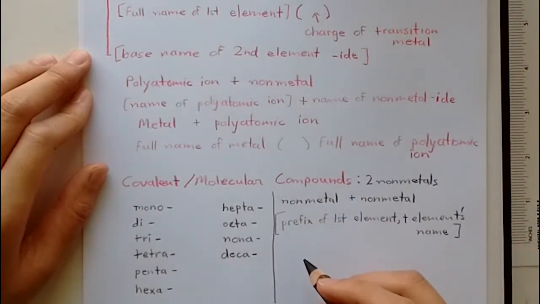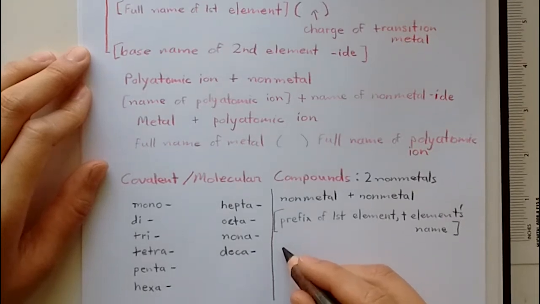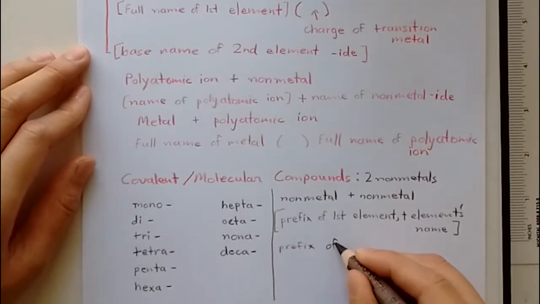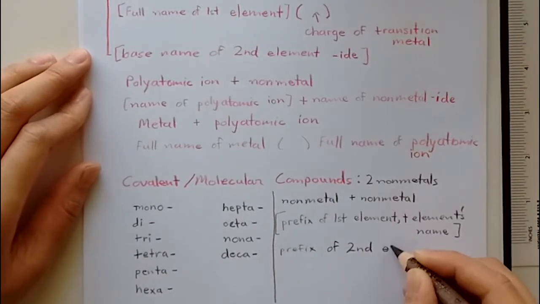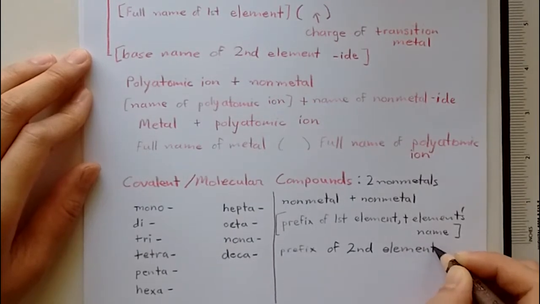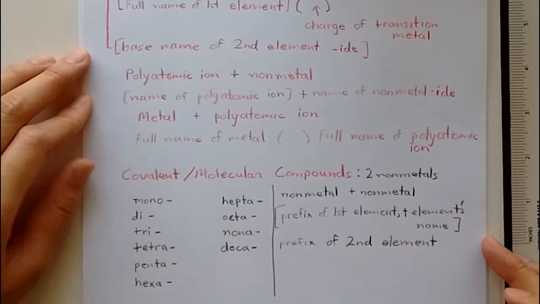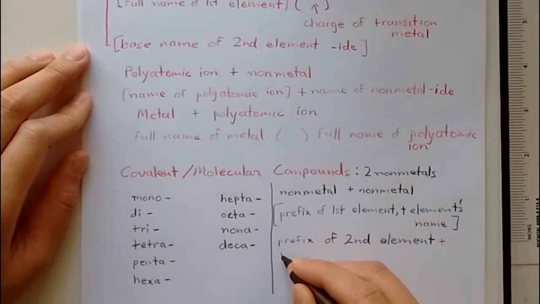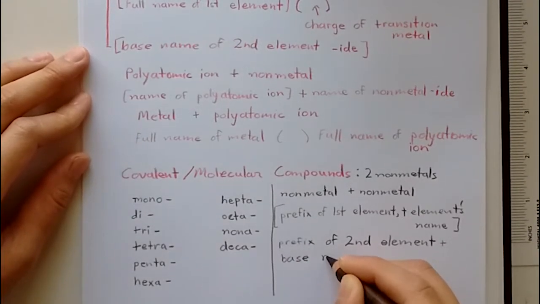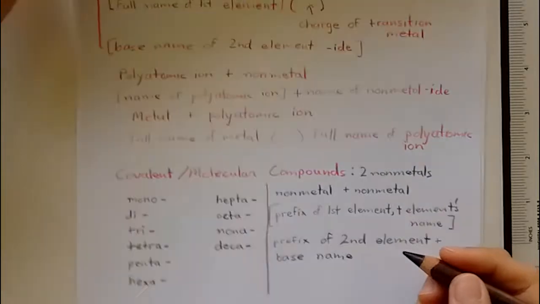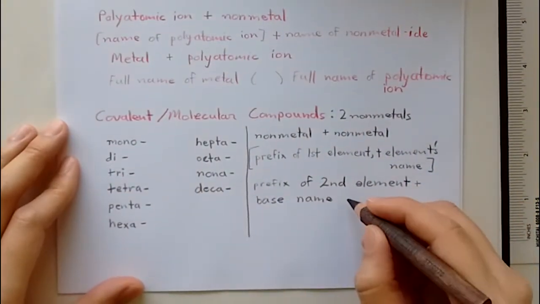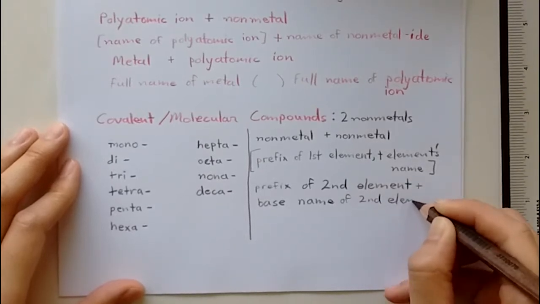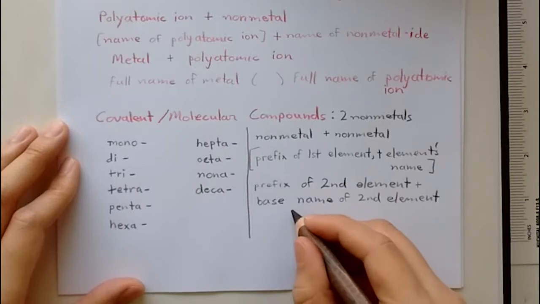Okay. And then for the second element, you will have the prefix of the second element and then the base name of the second element with the ending "-ide".